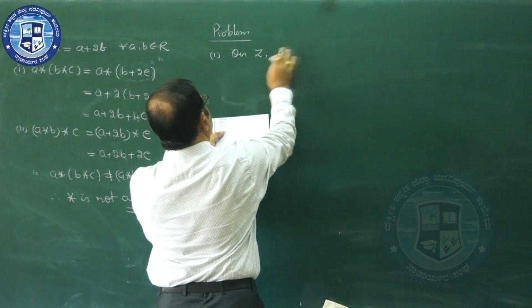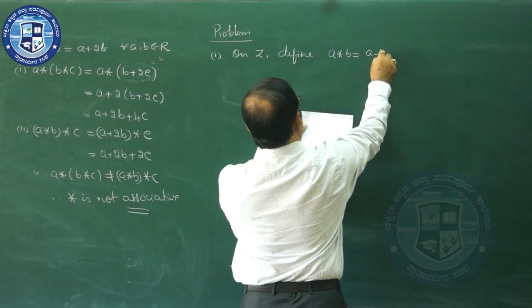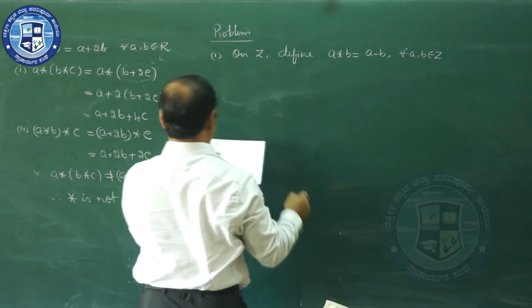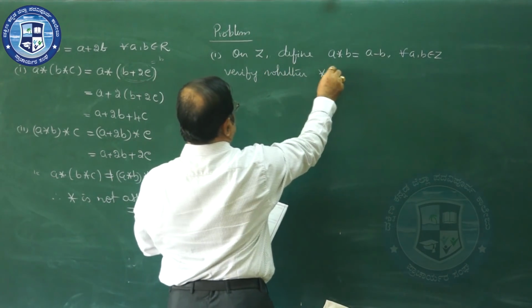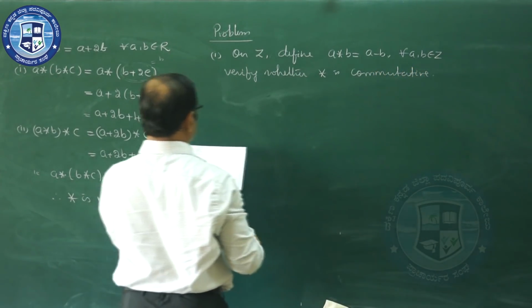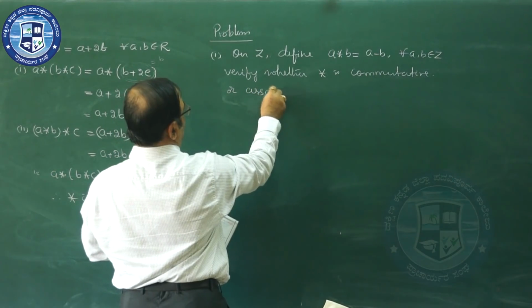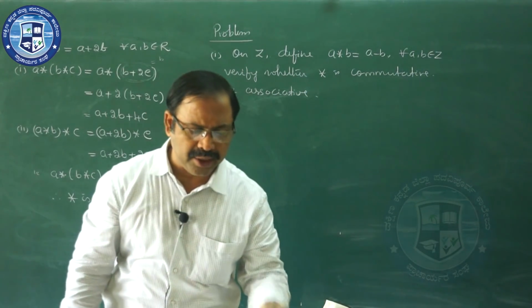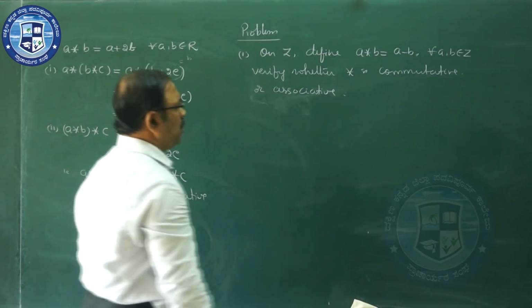On Z, define A star B equal to A minus B for all A, B belonging to Z. Verify whether star is commutative or associative or both.